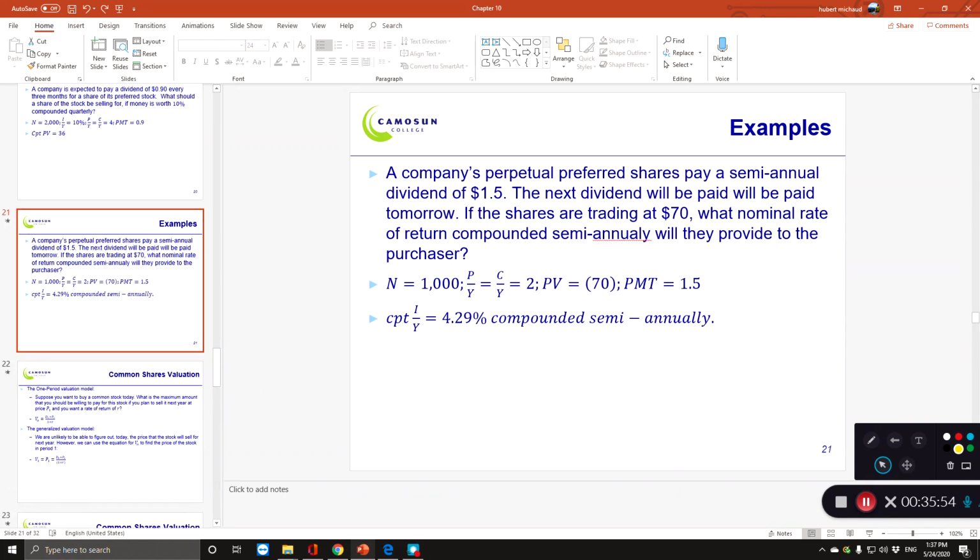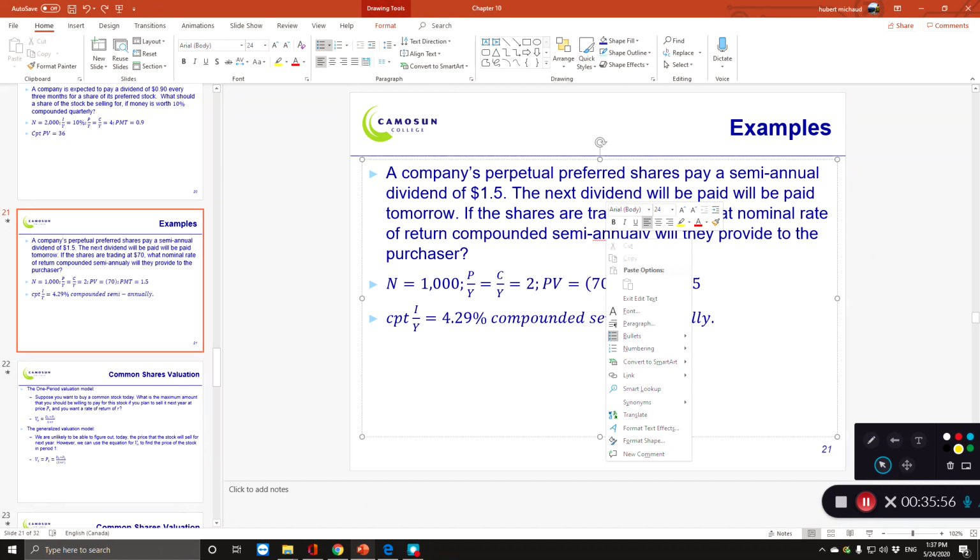Finally, this is more what you're going to do in this class. I told you what we are interested in this class is to figure out what is the rate of return that is implied by the financial market on securities of our company. So we already found the required rate of return on our debt.